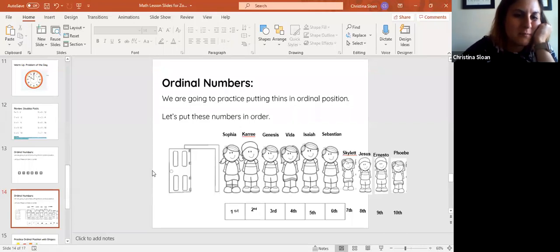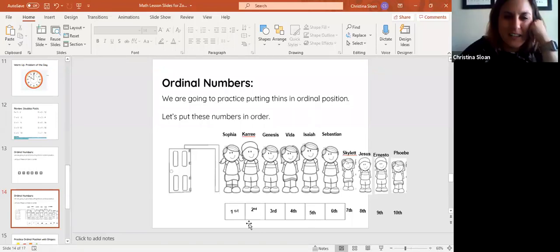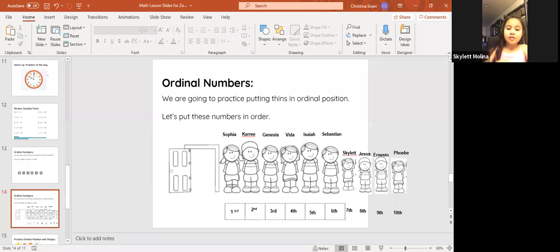Ooh, Skylette, she popped her hand up real quick. In a line. In the line, and it's in order of first, second, third, fourth, fifth, sixth, right? Who comes next? Like that, okay? The first, second, and third. That's what she's saying.